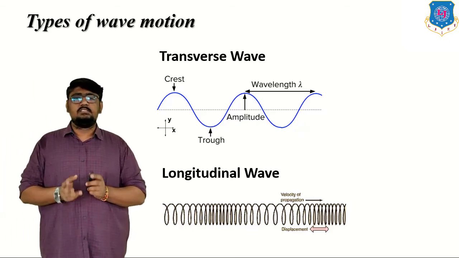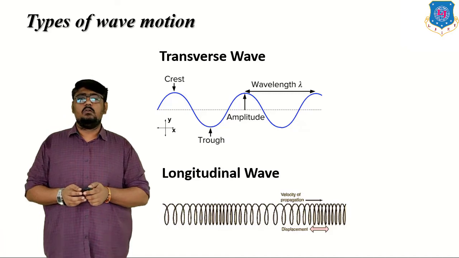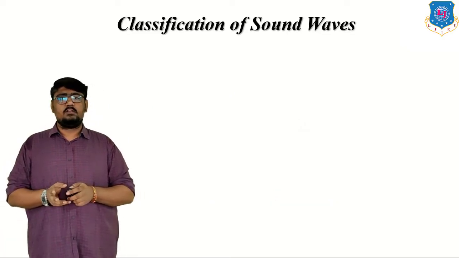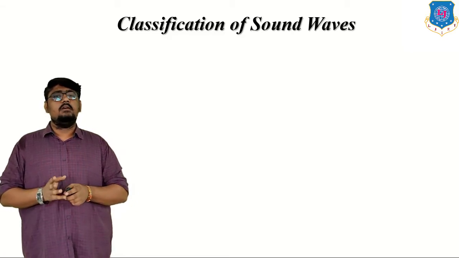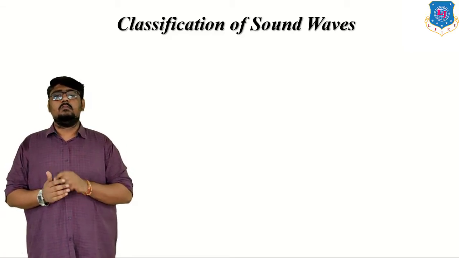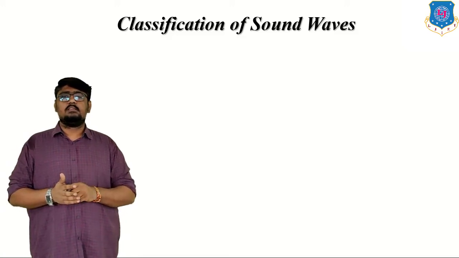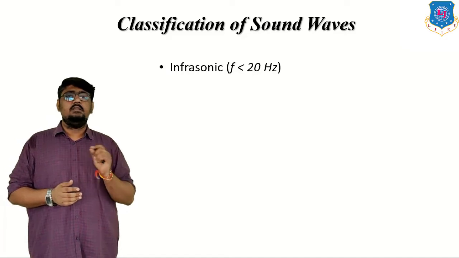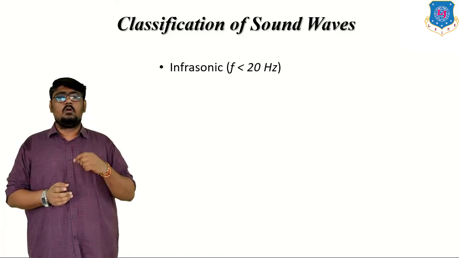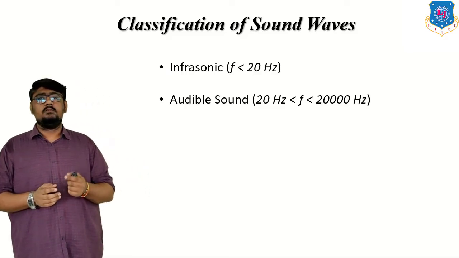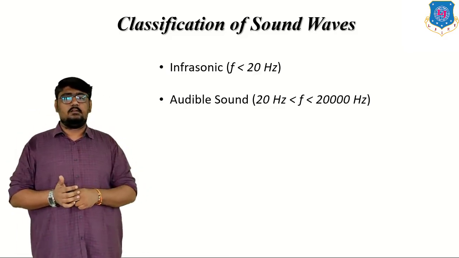Now, next comes the classification of sound waves. As we know, sound waves are of three types: infrasonic, audible, and ultrasound. These three are categorized depending on the frequency. The infrasonic sound is a sound which has a frequency less than 20 Hz. Audible sound is a sound which can give the sensation to the human ear.